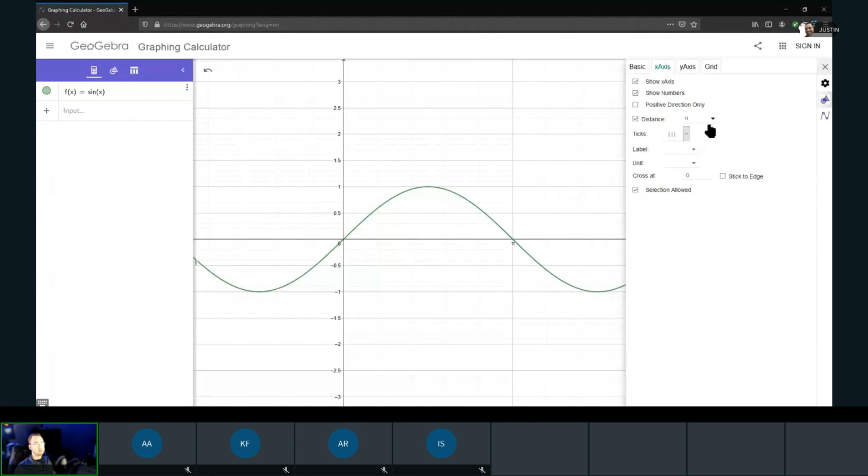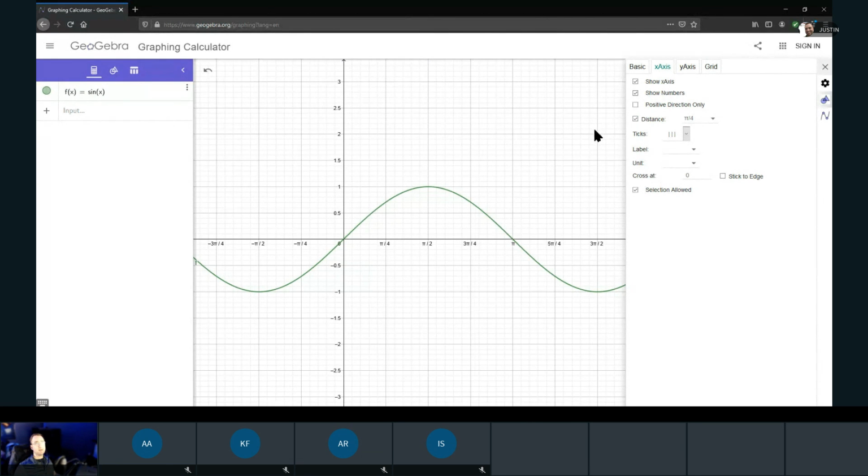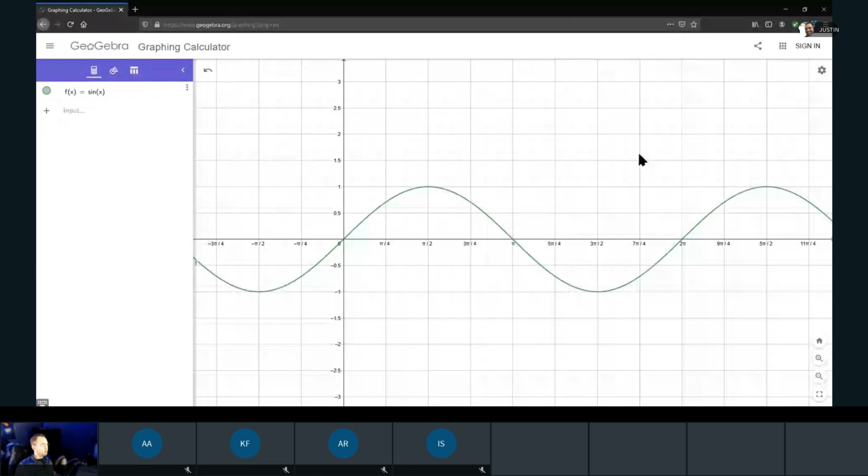Now I like changing mine to pi over 4, so I just select pi, delete the 2, type in a 4, and hit enter, and then it updates. Then I can close this window. All right, so that changes the x-axis to radians, so it's easier to see.